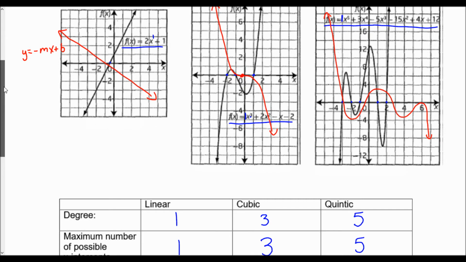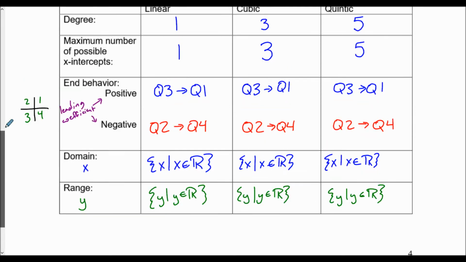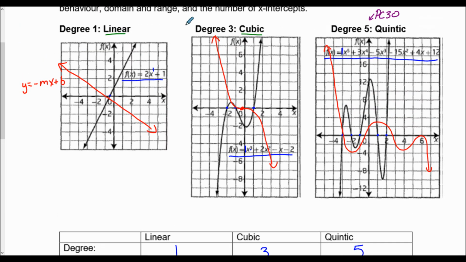Which means our range, just like our domain, is all real numbers. The only difference is it's y values, not the x values. So that's what linear, cubics, and quintics look like.